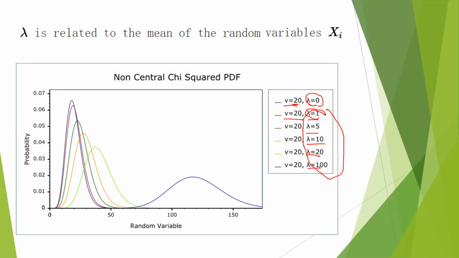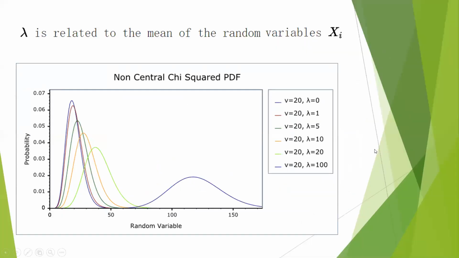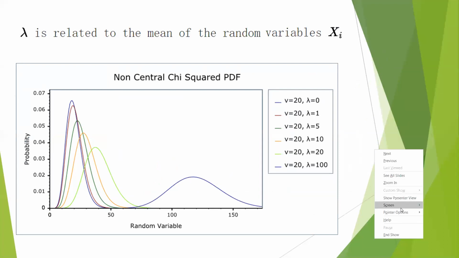If you look at the central and the non-central with lambda equal to 1, they are actually very close to each other. So if you compare the blue one with the dark red one, the power should be low, because the difference between these two is very small. If you really want to test these two distributions, you have to use an extremely large sample to do that.